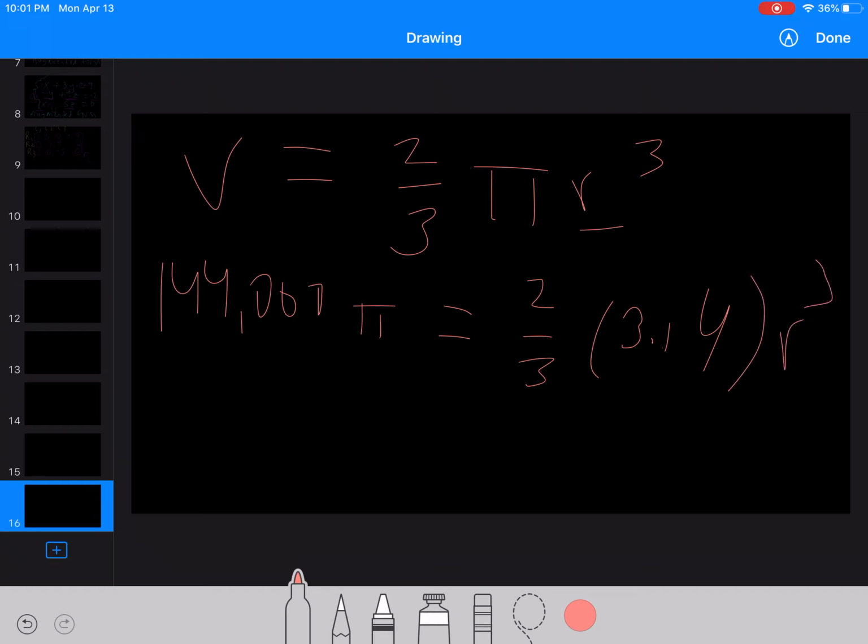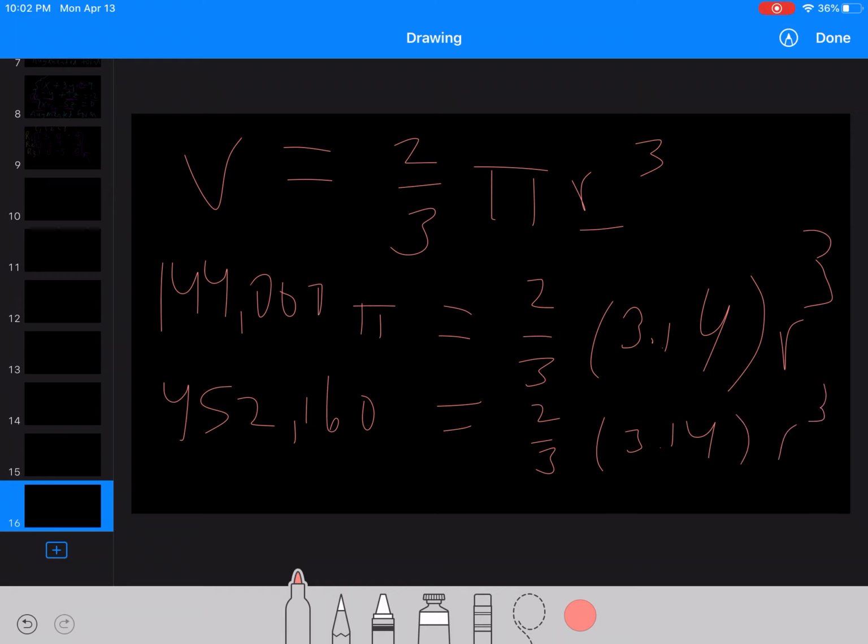And r is unknown, so we'll keep that r cubed. Let's write the decimal form of 144,000 pi, which is 452,160 equals 2/3 of 3.14 times r cubed.